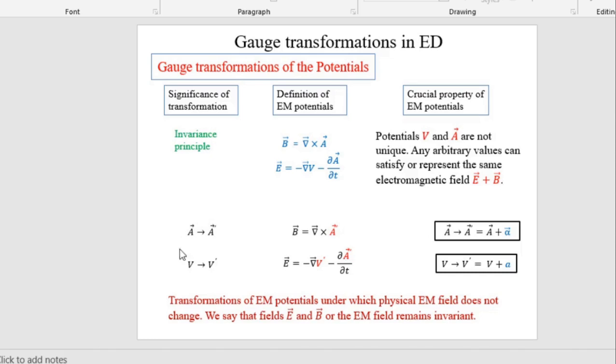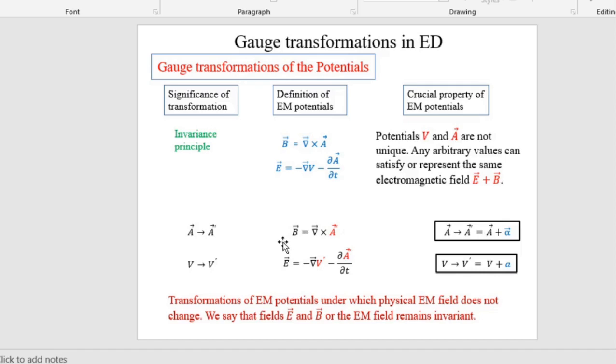From this point of view it is now clear that gauge transformations are also associated with an invariance principle, and this invariance principle is nothing but the invariance of the electromagnetic field.